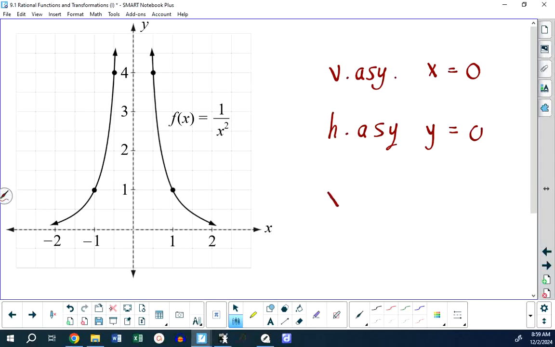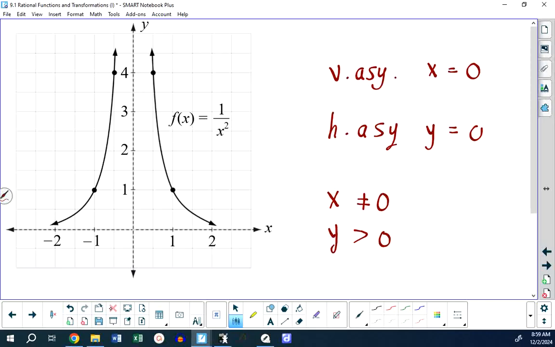We can say that the domain is x is not allowed to be 0, but we cannot say the range is y is not allowed to be 0. There's a bigger picture here, and not only can y not be 0, it cannot be negative, which means y must be greater than 0.